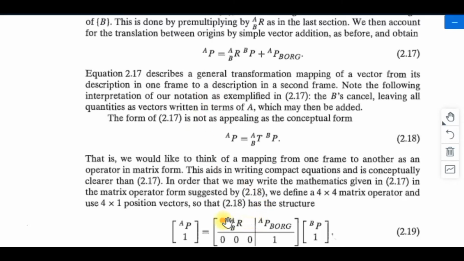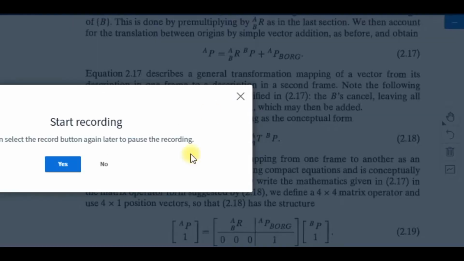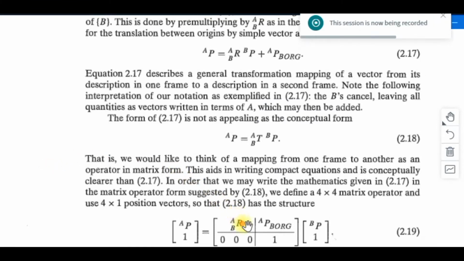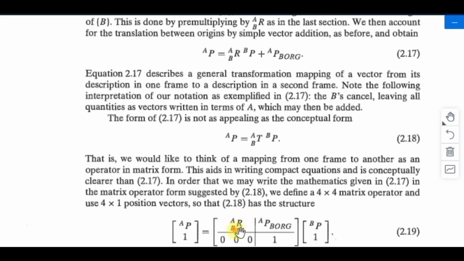This part A R B is a 3 cross 3 matrix, and what is the name of this matrix? I discussed it in yesterday's class. What is this matrix? This matrix is called the transformation matrix.